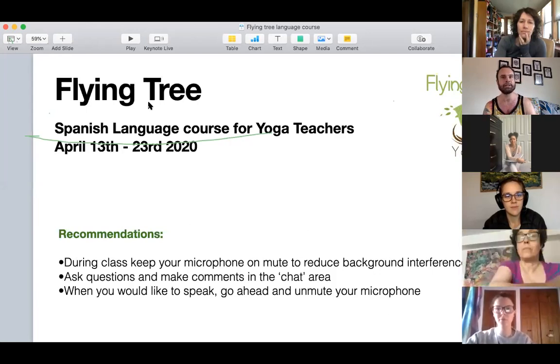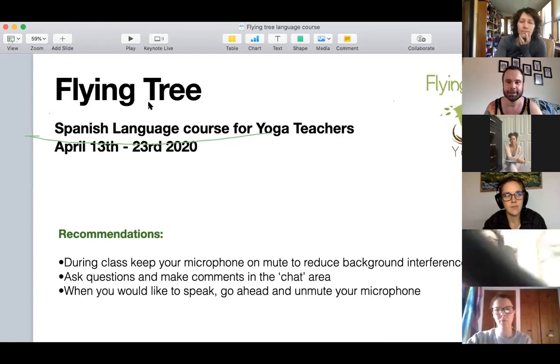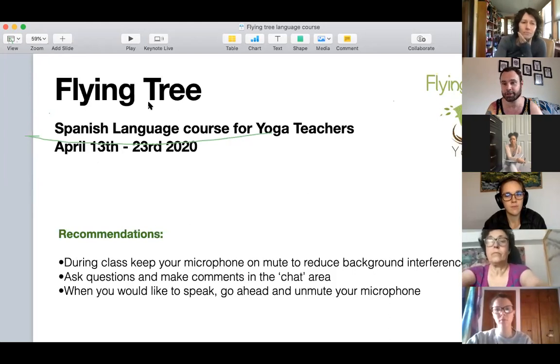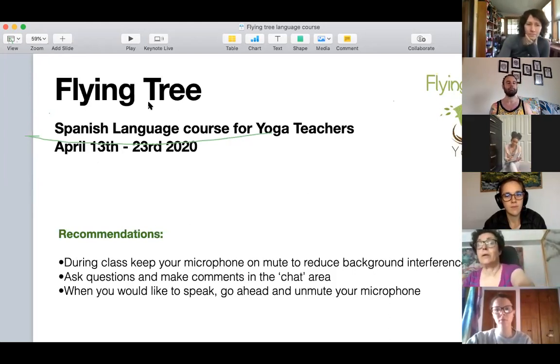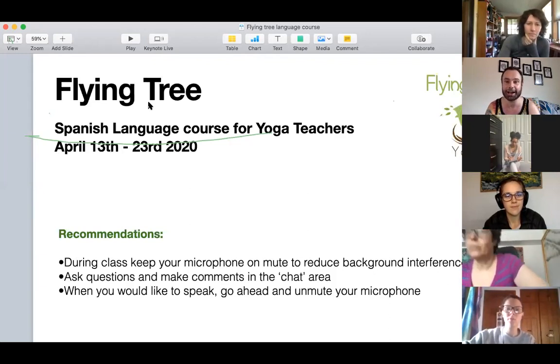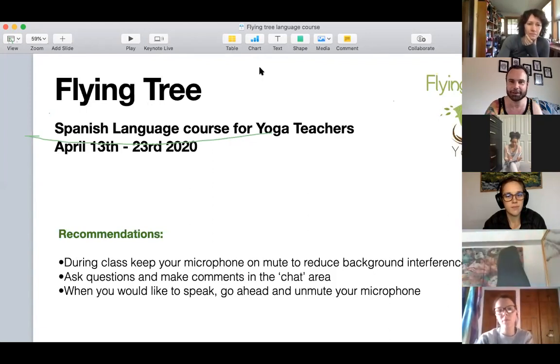We've been doing it since early 2016, so we've come through quite a lot of iterations of the course now. And we think we've got a really good structure going on. Having said that, this is the very first time that we're going to be doing it online. So we'll just have to see how that goes with the technology. I've had a pretty good experience with Zoom so far, but we'll have to wait and see how things work there.